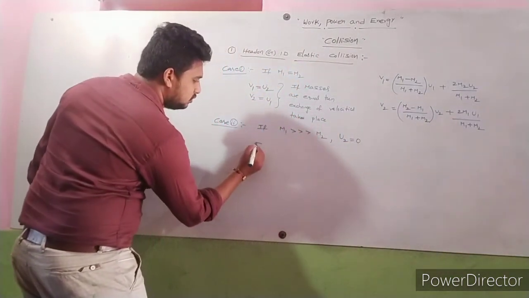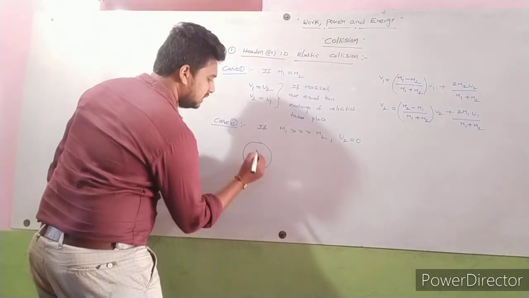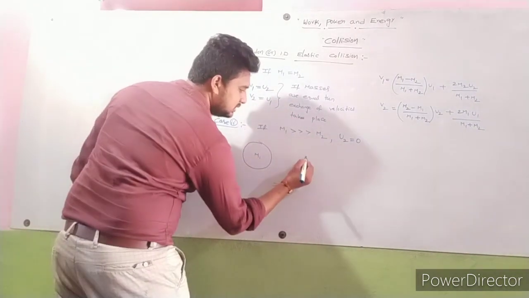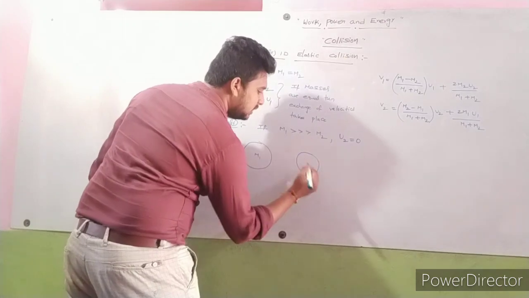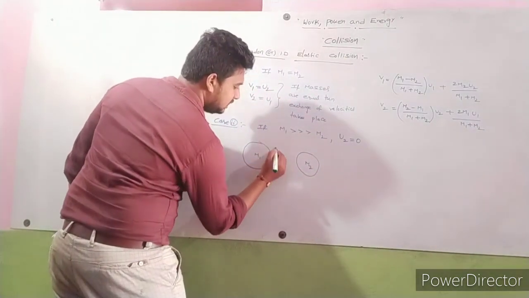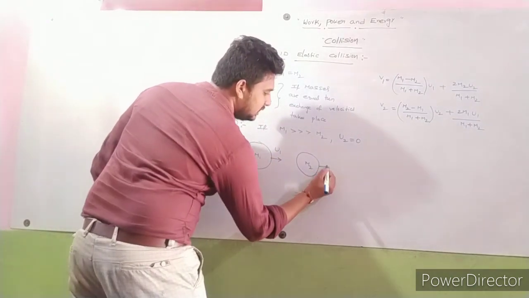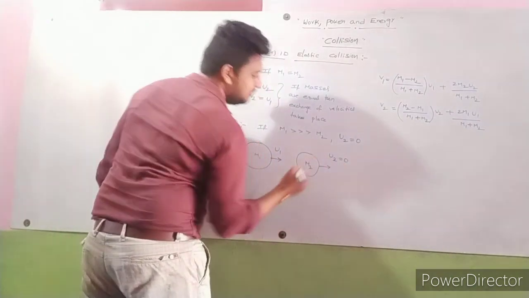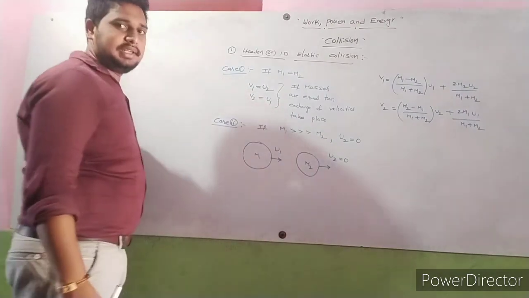Let us consider two particles. This is the first particle, of mass m1. This is the second particle, of mass m2. Here the first has initial velocity u1, and the second has initial velocity u2 equal to 0. That means the second particle is at rest.